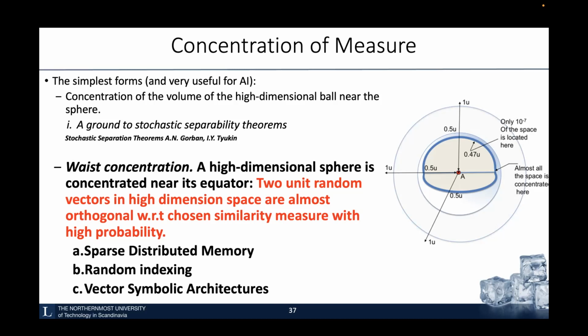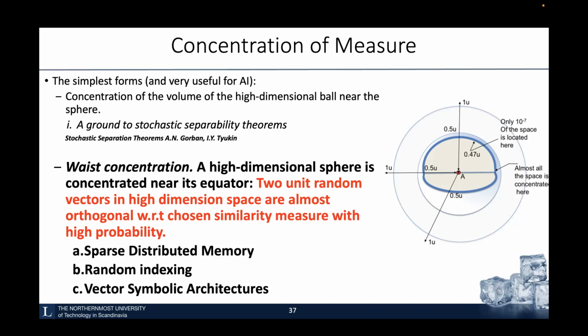But then we need to introduce a measure of proximity, or call it similarity. You can use, for example, Euclidean distance, but in vector space we can also use the dot product or cosine similarity. We talked about it. It's one of the possible measures of proximity in machine learning of the distance between vectors.